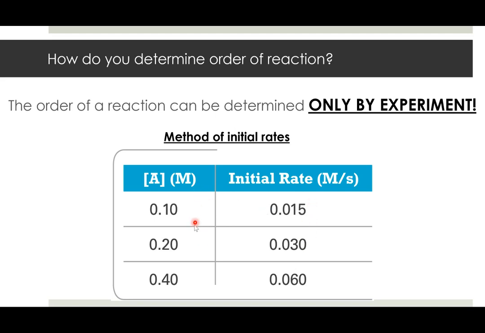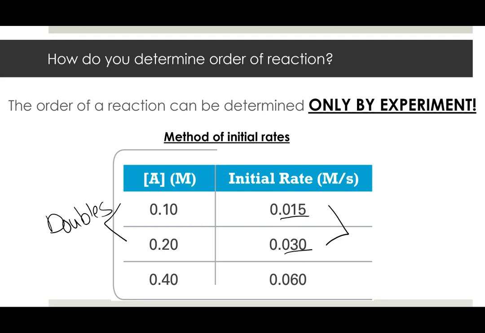So what do you guys notice about the concentration of A between trial 1 and trial 2? So the concentration of A between trial 1 and trial 2 doubles, right? So we multiply it by a factor of 2. So here, it doubles. Okay. And what happens to the rate of this reaction? So the rate was 0.015, double the reactant.